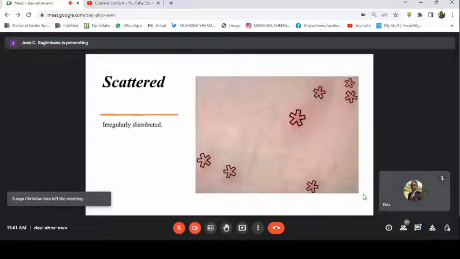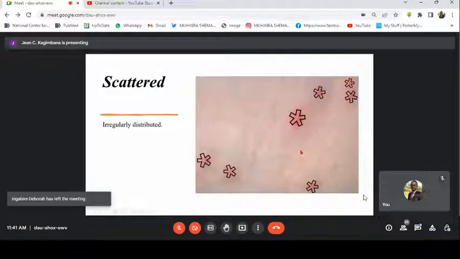Now, you may have a similar lesion which has no particular distribution, but is seen over the entire body in a manner that's not characteristic, here and there. Then we say scattered lesions.